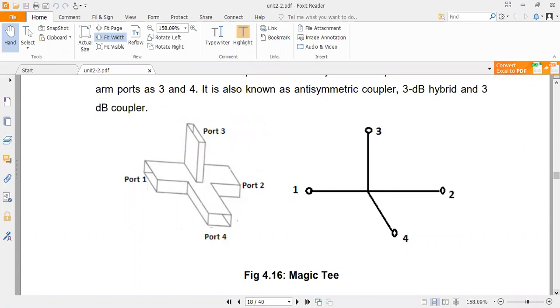Now let us see this one. This is the structure of magic T. It has port 1 and port 2, the collinear arm.